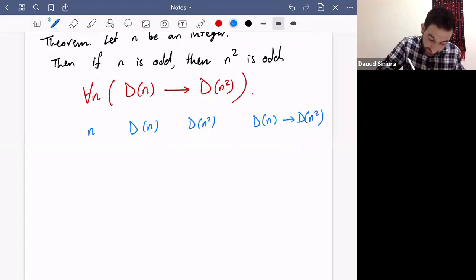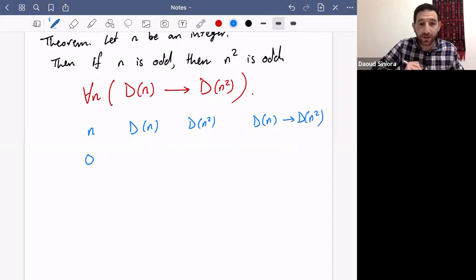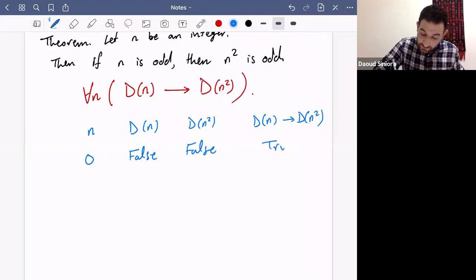Now when n is 0, D of n, 0 is odd, this is false. 0 squared is 0, and 0 is not odd, so this is false, and false implies false is true.